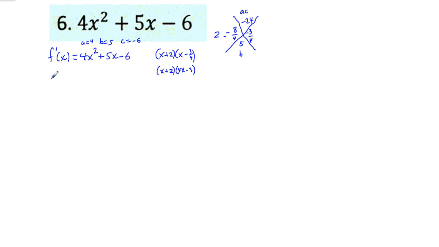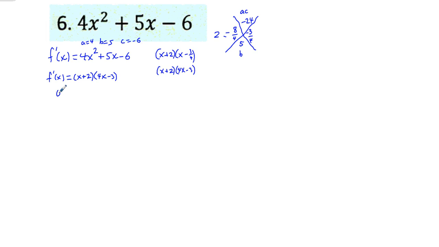So now we're going to say f prime of x in factored form is quantity x plus 2 times quantity 4x minus 3. And if we multiplied these back in the other direction, we would see that indeed is the correct factoring.